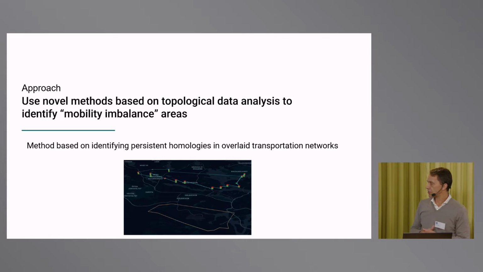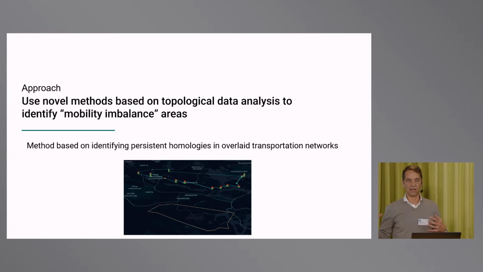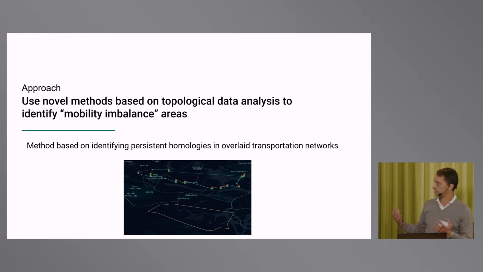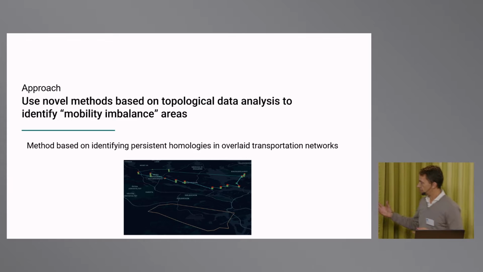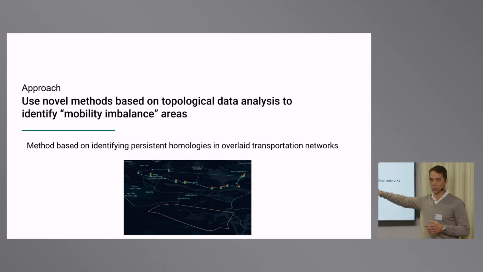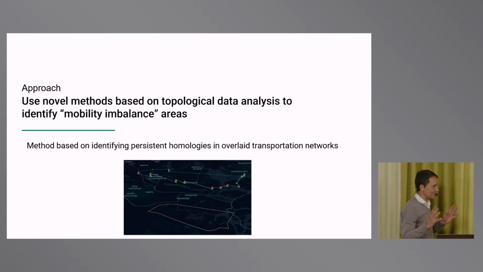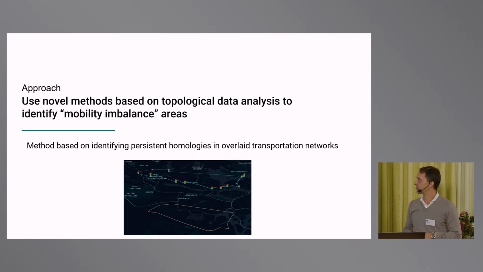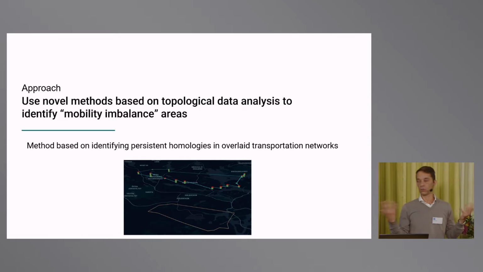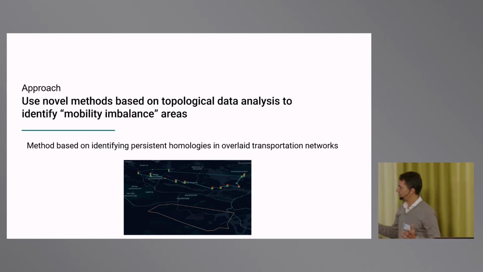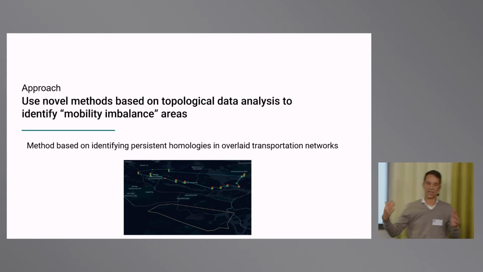So the idea was to, as Umberto just said, use novel network and topological-based methods. Here there is a weird word, which is persistent homologies. Don't be scared. It's just a term in topology studies. But basically the idea is to find holes. Okay, you can think of these as a fancier name for a hole.